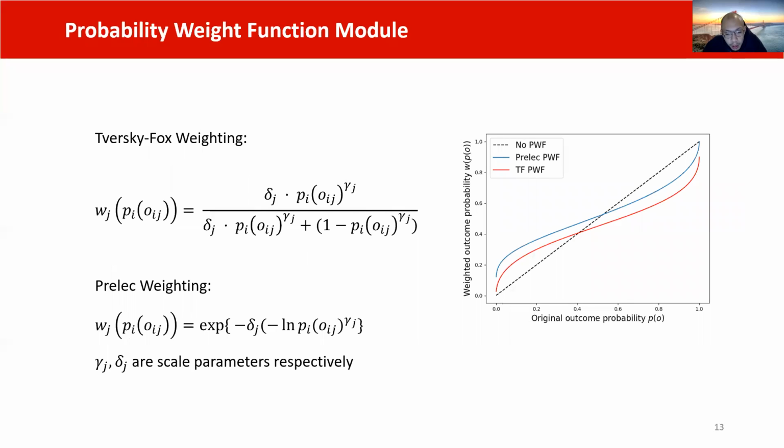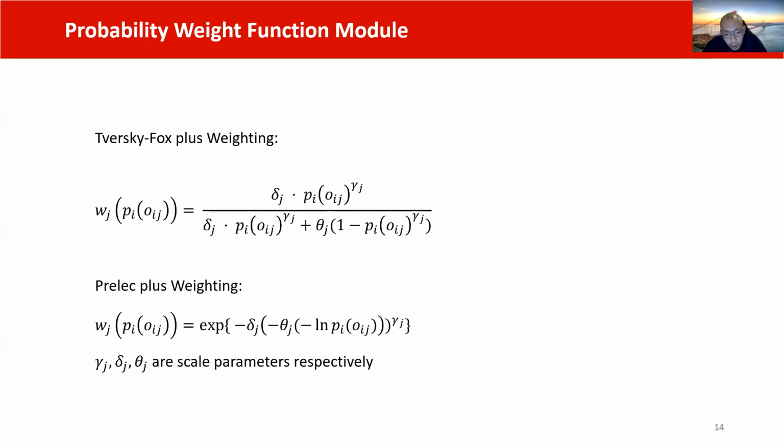The probability weight function module mainly deals with the biased estimation of probability. We used two different functions originally proposed by economic researchers.